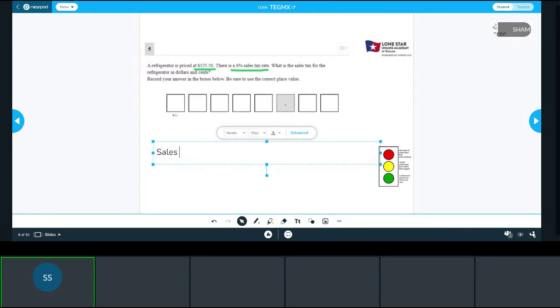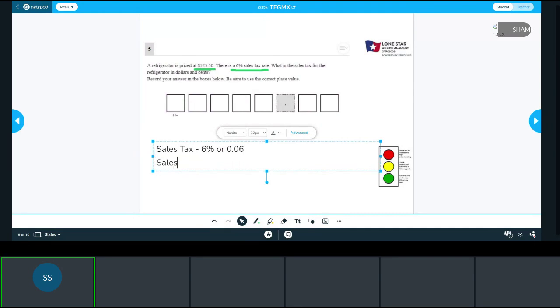So sales tax, in this question, they're saying 6%. At least by now, I am anticipating that everybody can change 6% to a decimal. Think. This is 0.06, right?